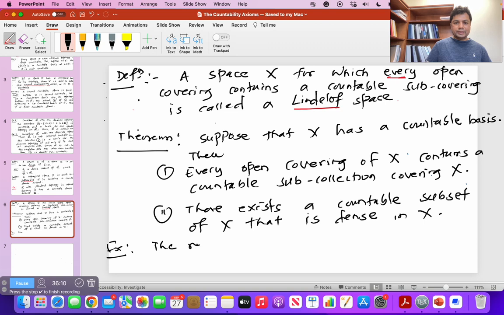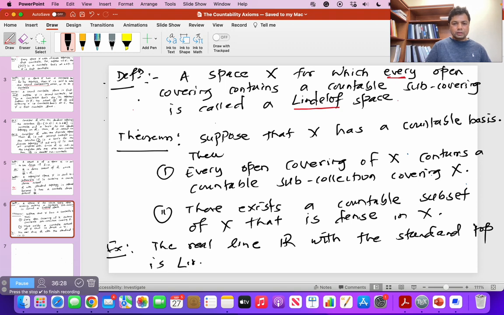The real line R with the standard topology is a Lindelöf space, since it is second countable.